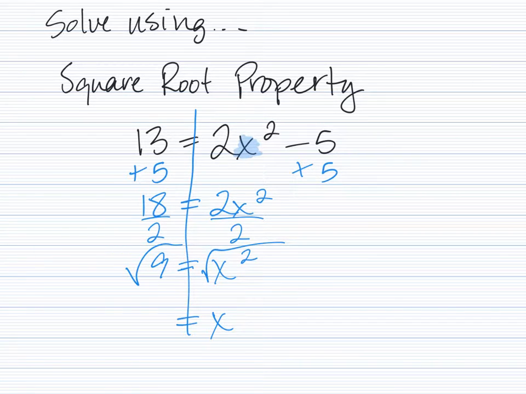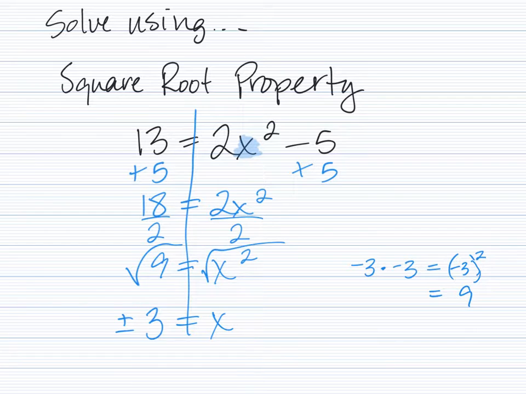Square root of 9 is 3, but it's also negative 3, because negative 3 times negative 3 is the same as negative 3 squared, which equals a positive 9 as well.